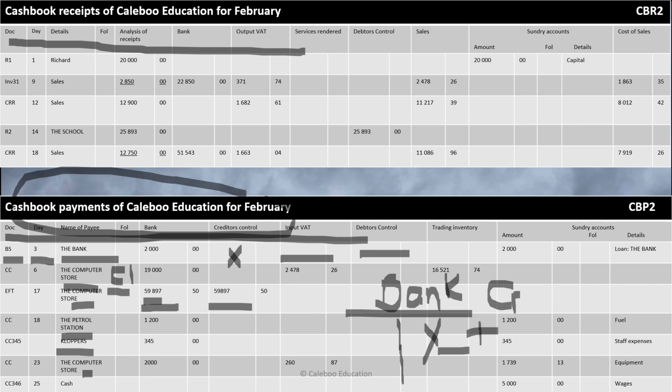Debtors control, we will have a look at that if there's a transaction relating to a debtor. Trading inventory, we purchase stock.